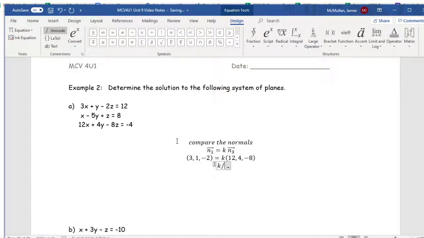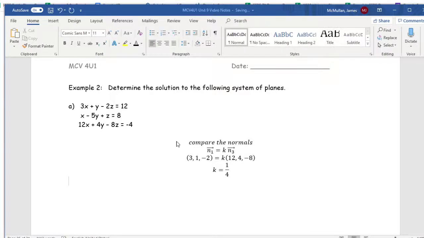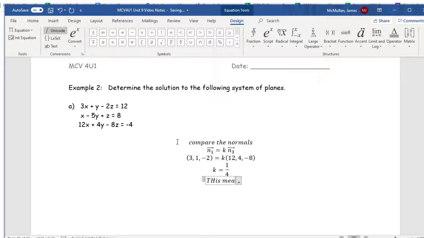In this case, K would be 1/4, right? If you take 1/4 of N3, you would create N1. So this means 2 of the planes are parallel and 1 is not.